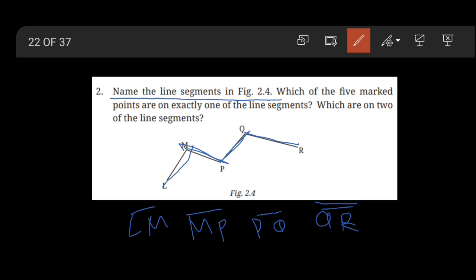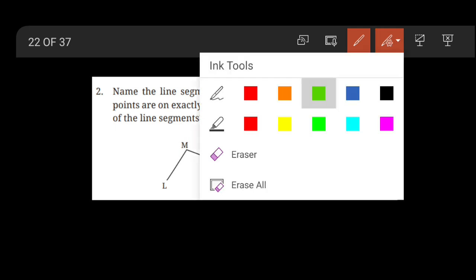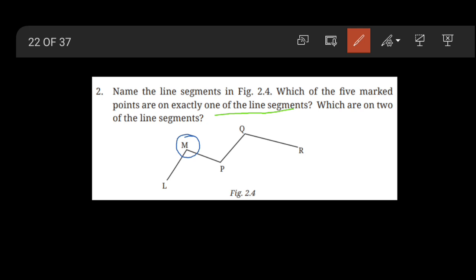Now what have they asked? Which of the 5 marked points are exactly on one of the line segments? There are 5 marked points if you see: 1, 2, 3, 4, 5. If we see, point M is on line segment LM and on line segment MP, so it is on 2 line segments.